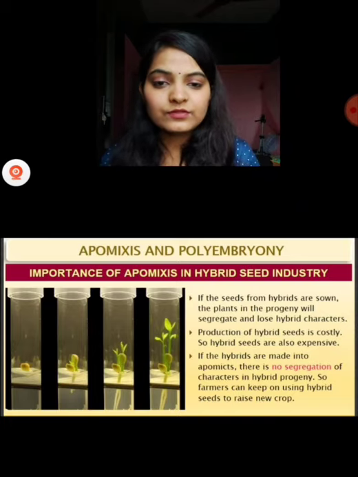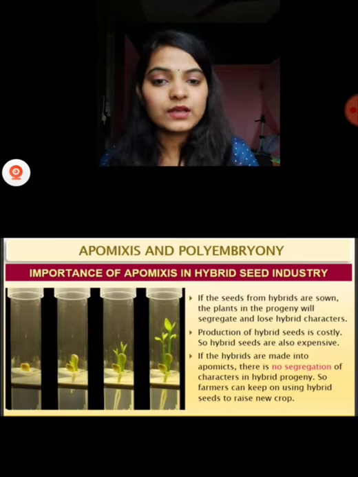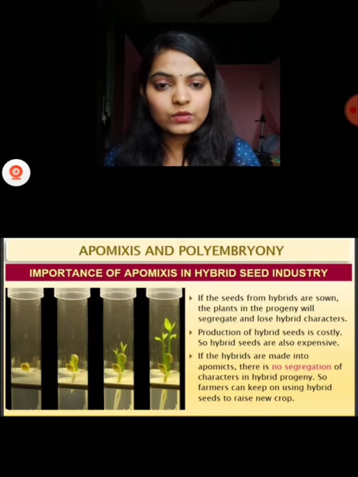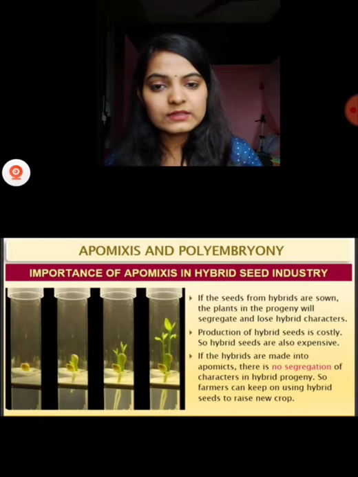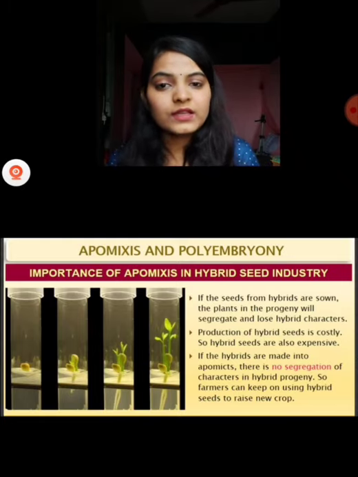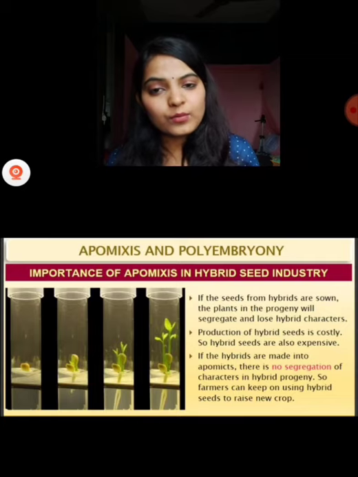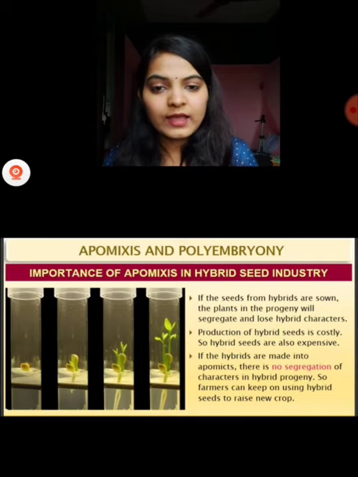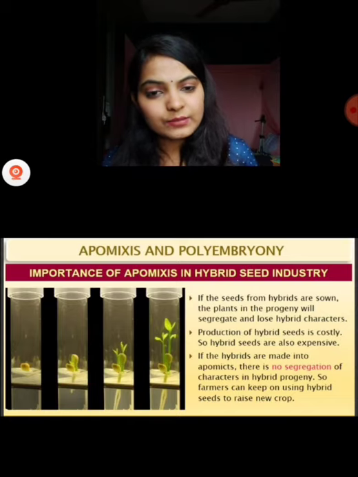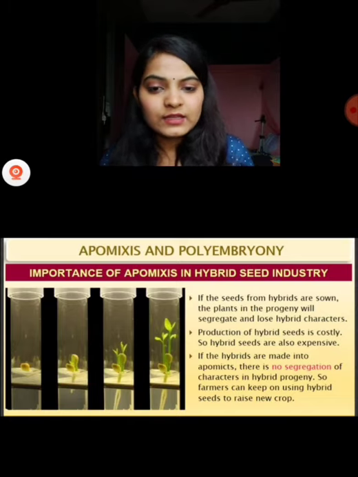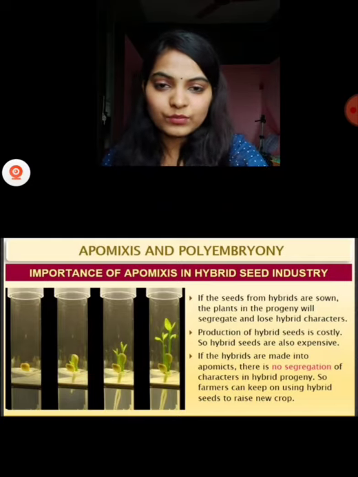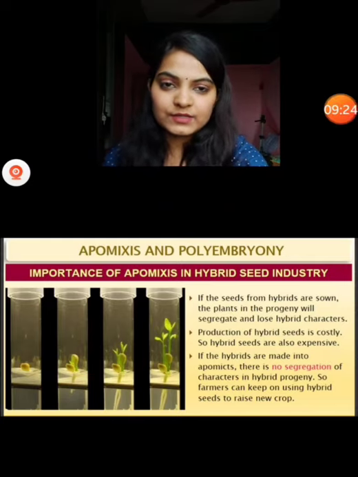But if the hybrids are made apomictic, there is no segregation of characters. If they undergo the apomixis process, farmers can keep on using the hybrid seed to raise new crops. That is the importance of apomixis in the hybrid industry.